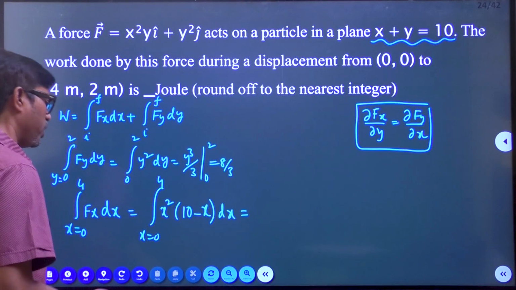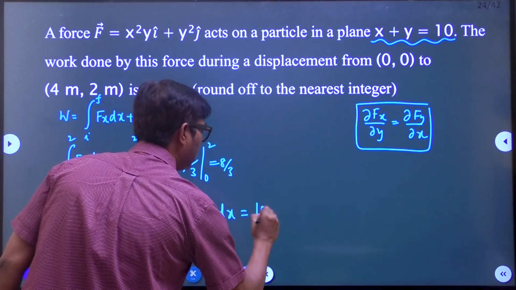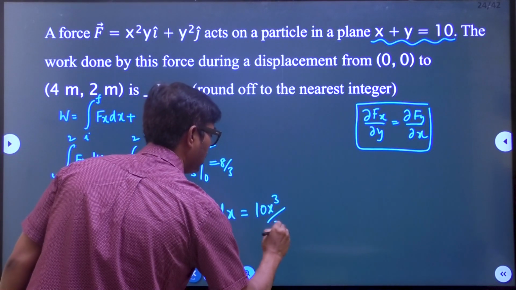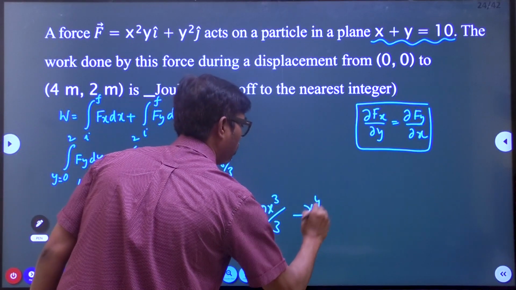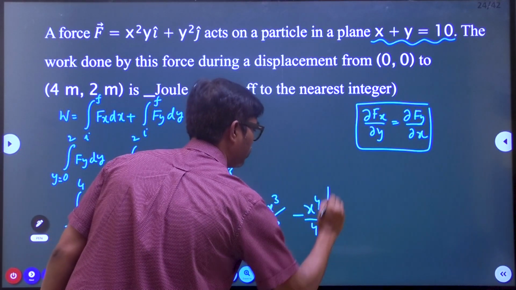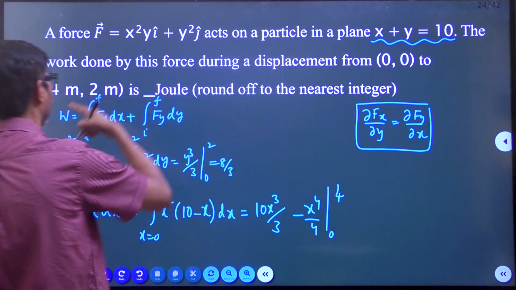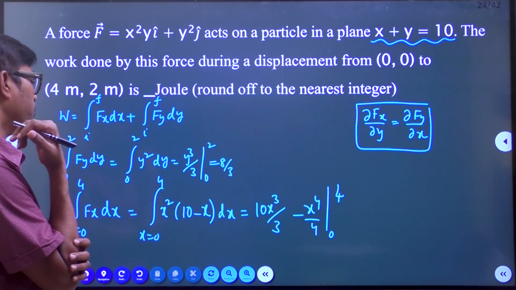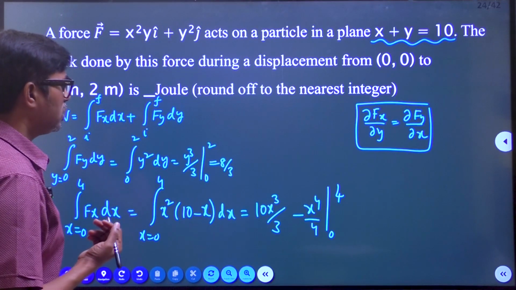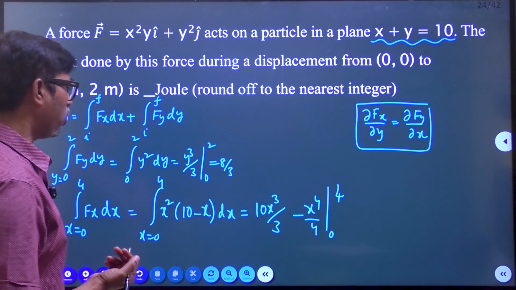So for 10x squared, the integration will be 10x cube by 3 minus x power 4 by 4, and from 0 to 4, we are going to substitute the x coordinate. So 4 cube is 16 fours, 64. 64 into 10, 640.